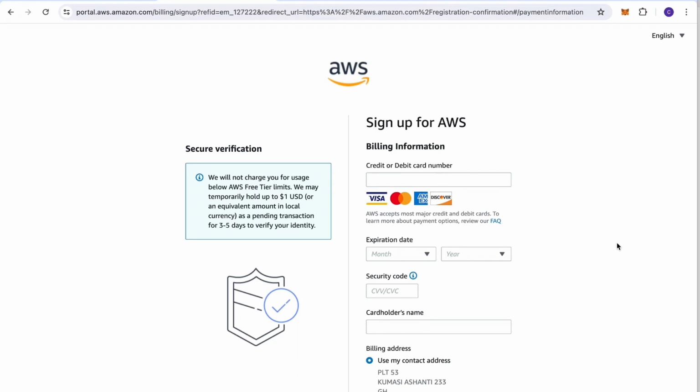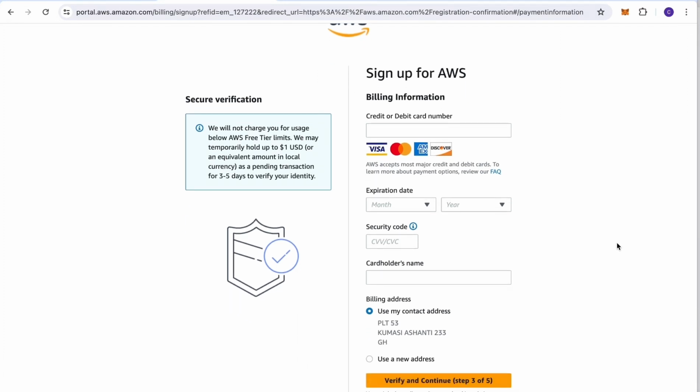Now, here you need to provide debit or credit card details. One thing I should let you know is that this does not mean that if you put in your card details, this is where AWS is going to take your money from for payment of your free trial.